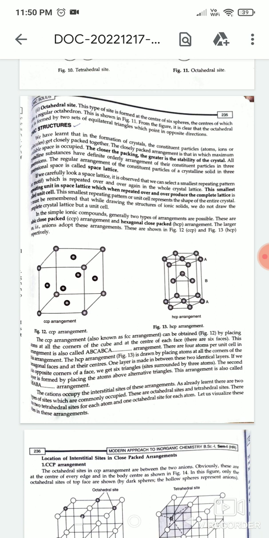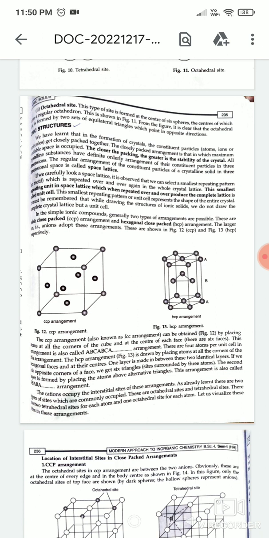The regular arrangement of the constituent particles of a crystalline solid in three-dimensional space is called space lattice. If we carefully look at a space lattice, it is observed that we can select a smallest repeating pattern or motif which is repeated over and over again in the whole crystal lattice.